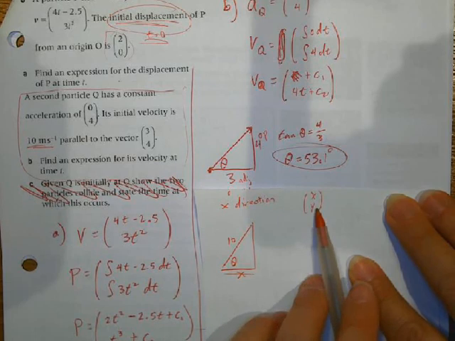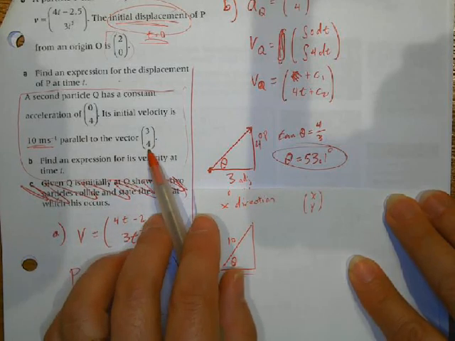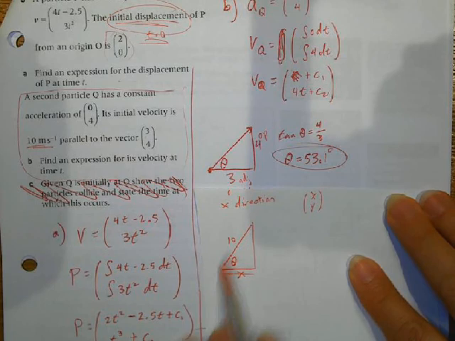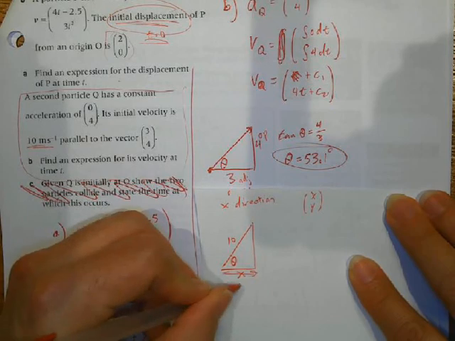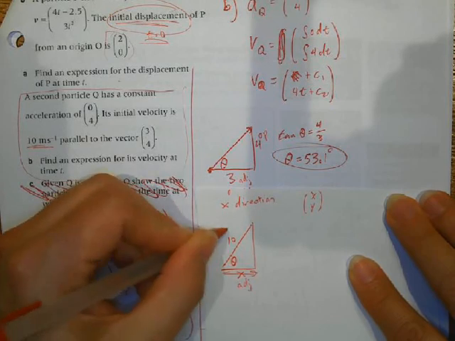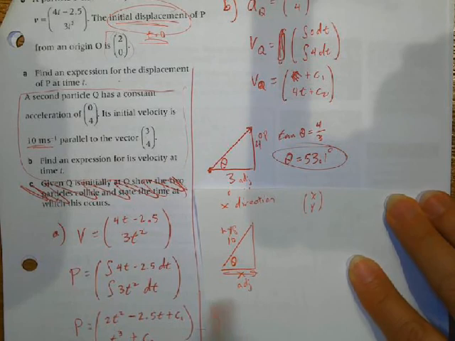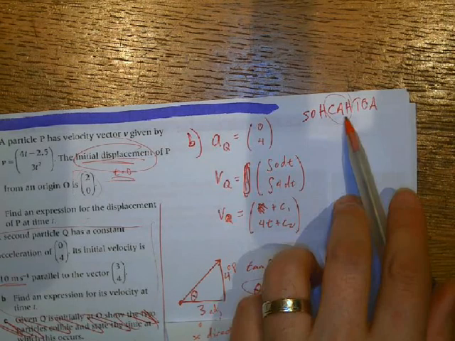We know it's this direction, but there's some scalar multiplied by it, and we know this length is 10. Next to this angle, this is adjacent, and this here is the hypotenuse. So if I've got hypotenuse and adjacent, and I'm looking at SOHCAHTOA, I'm going to be doing cosine.